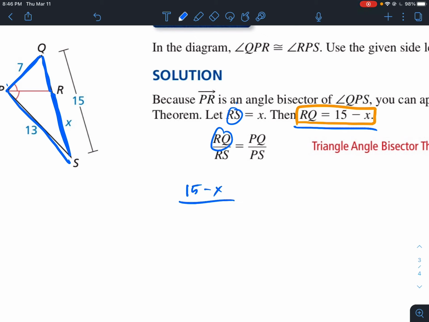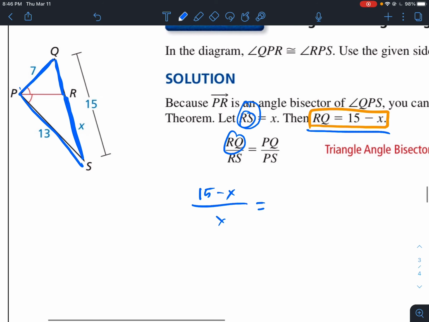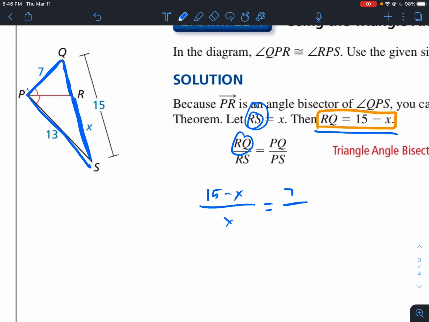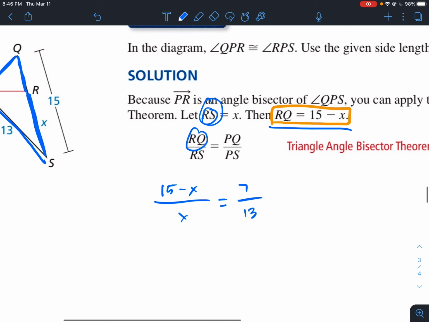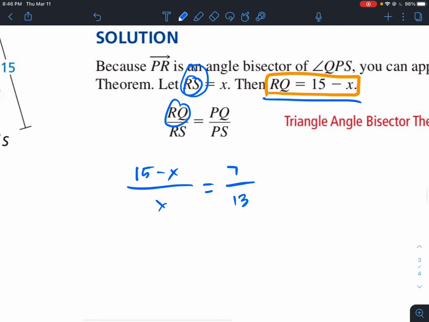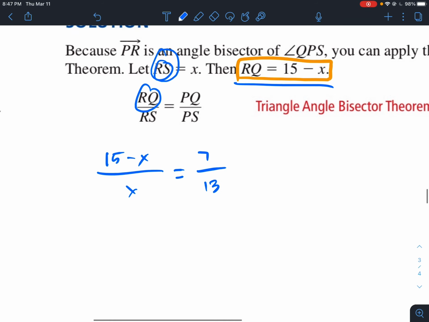The distance of RS is x. The distance from P to Q is 7, and the distance from P to S is 13. So we have set up this proportion, and we're trying to find the length of RS, which is x. So if we find the value of x, we can find the value of RS.